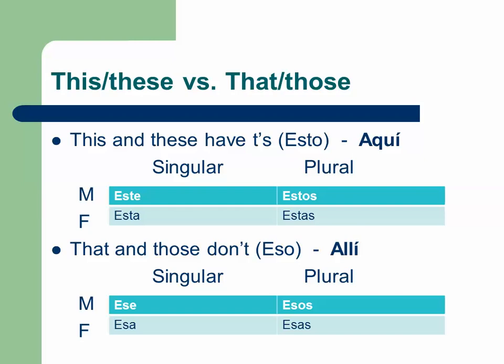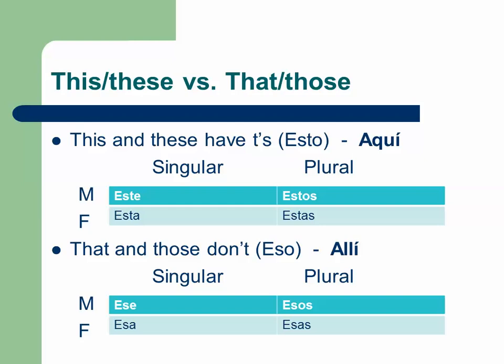So if it has a T in it, if you can touch it, touch starts with T. You can touch it. So, for example, this computer or this lesson, this class, would be esta computadora, esta clase, estos libros, so these books.